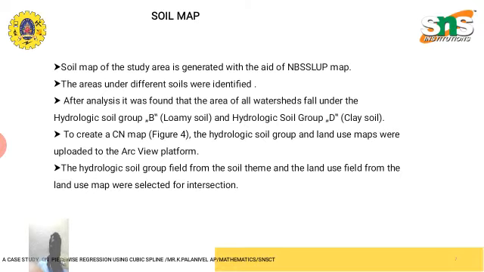To create the CN map, the hydrologic soil group and land use map were uploaded to the ArcView platform. The hydrologic soil group field from the soil theme and the land use field from the land use map were selected for intersection. The weighted CN values for the study watersheds were computed using the formula.